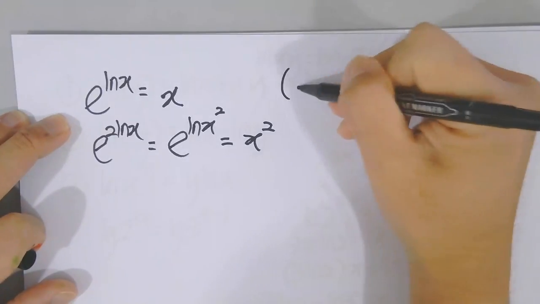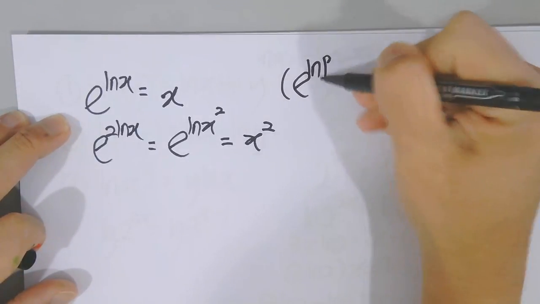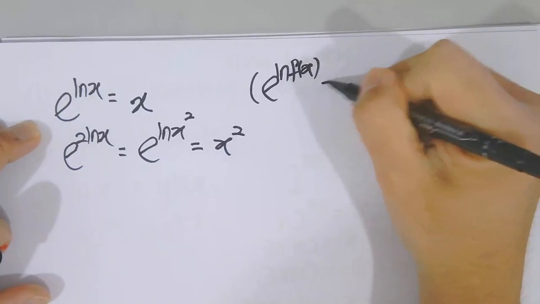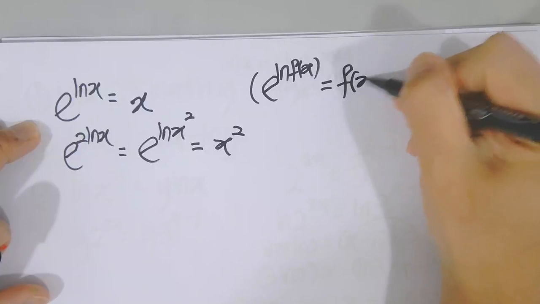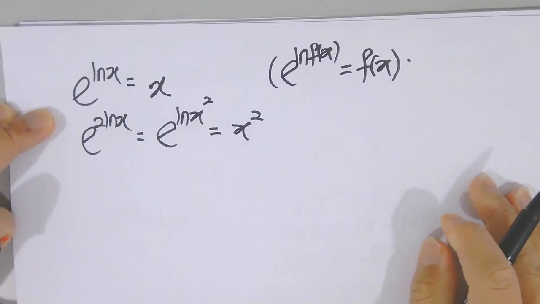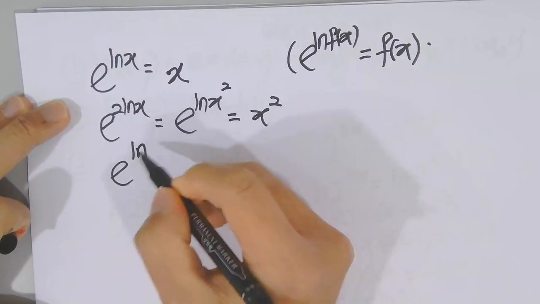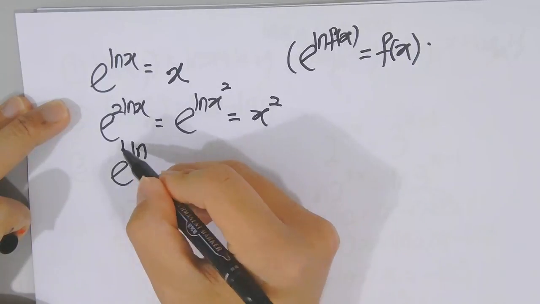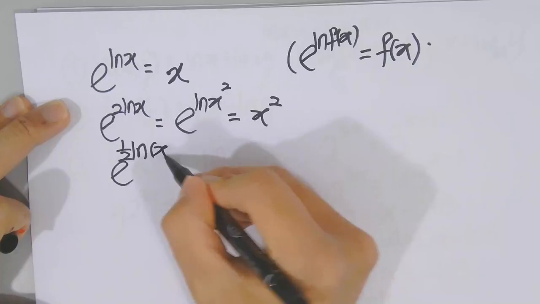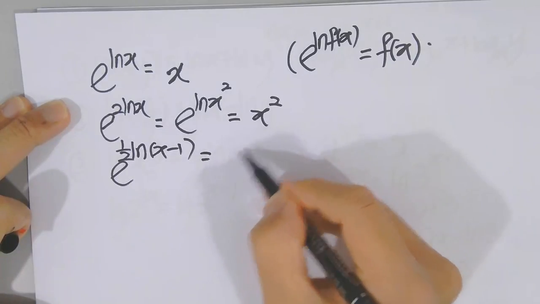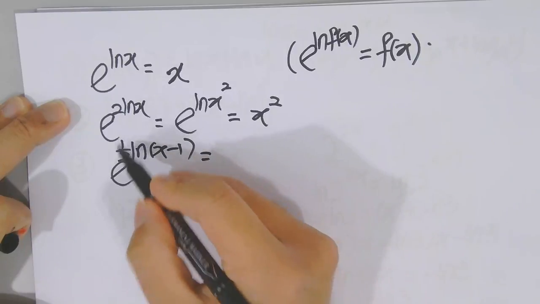The more general formula for this is, if you have ln of a function f(x), you can rewrite this in the form of f(x). I'll give you an example. For example, you have e to the power of ln of 1/2 times x minus 1. You shouldn't write this as x minus 1, because there is a 1/2 here.